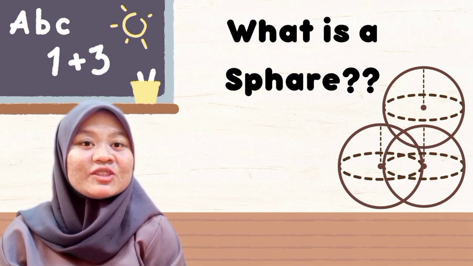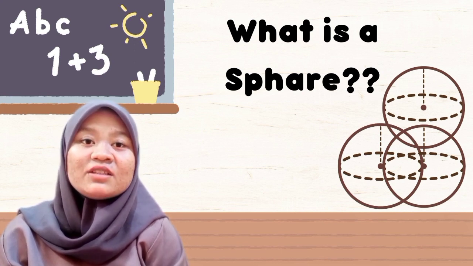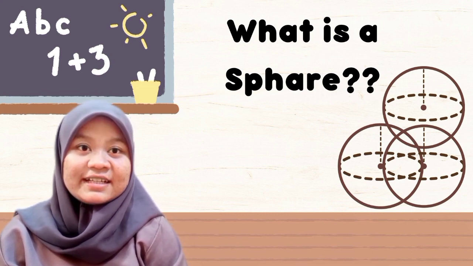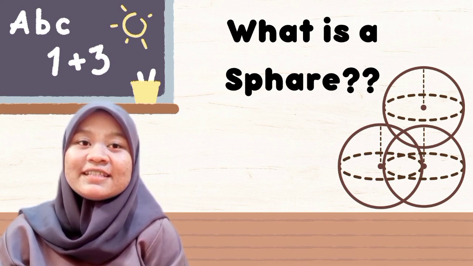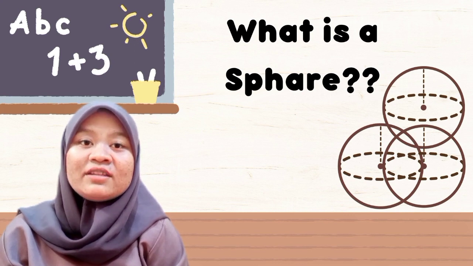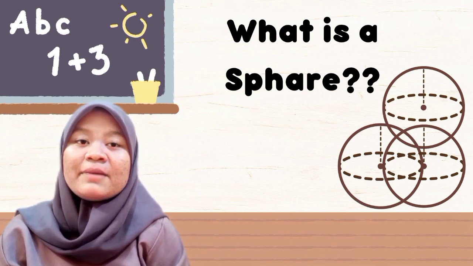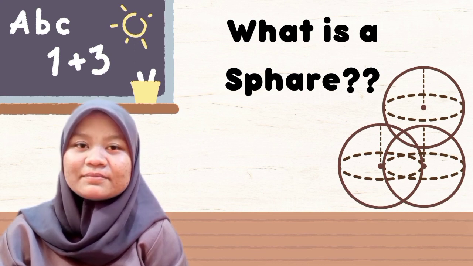First is radius. Radius is the distance between the surface and center of the sphere. Second is diameter. Diameter is the distance from one point to another point on the surface of the sphere, passing through the center.